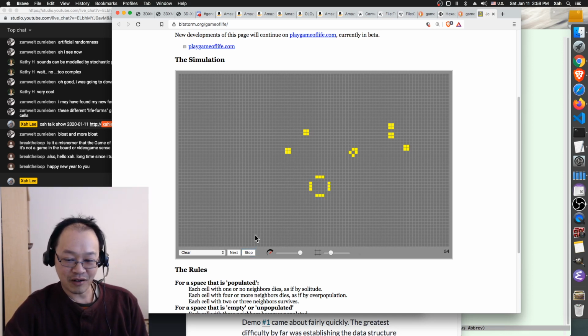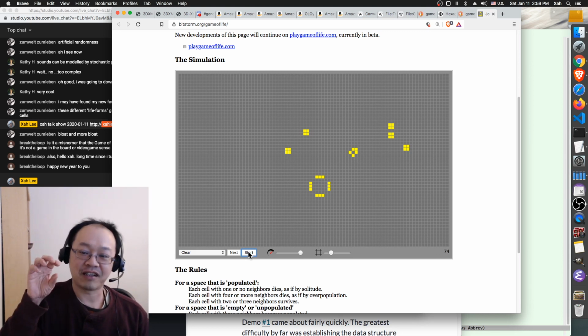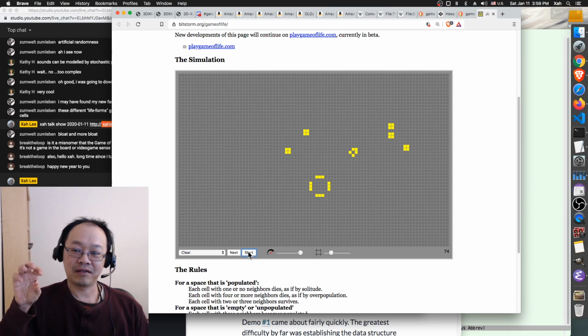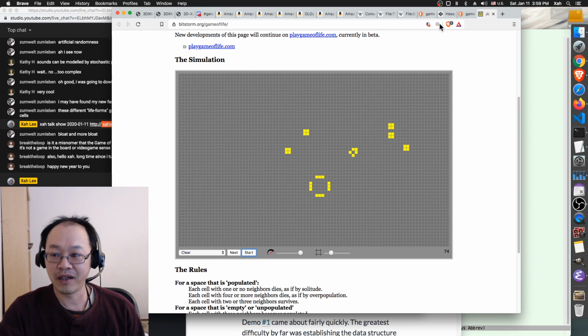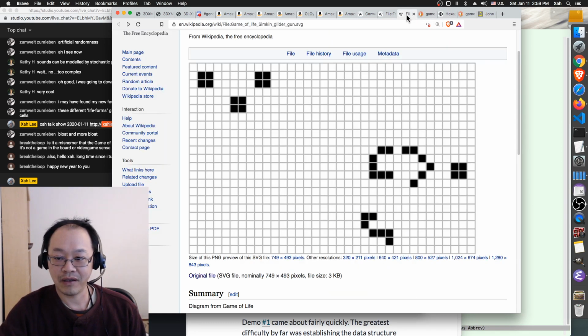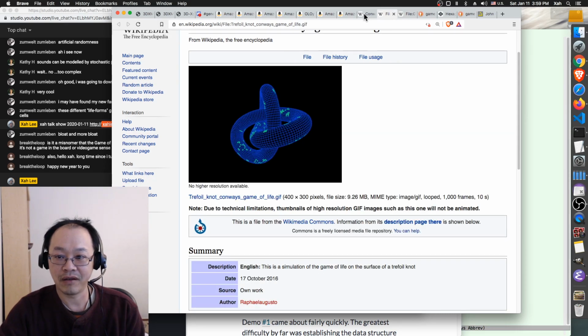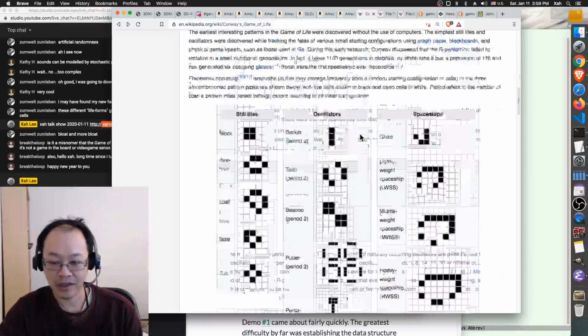So one of the questions is, can you have the least number of starting cells such that it grows to the most number of population, or never stops? That's the question. One of the patterns we already know, a record, is one of these, I don't know if they show it here.